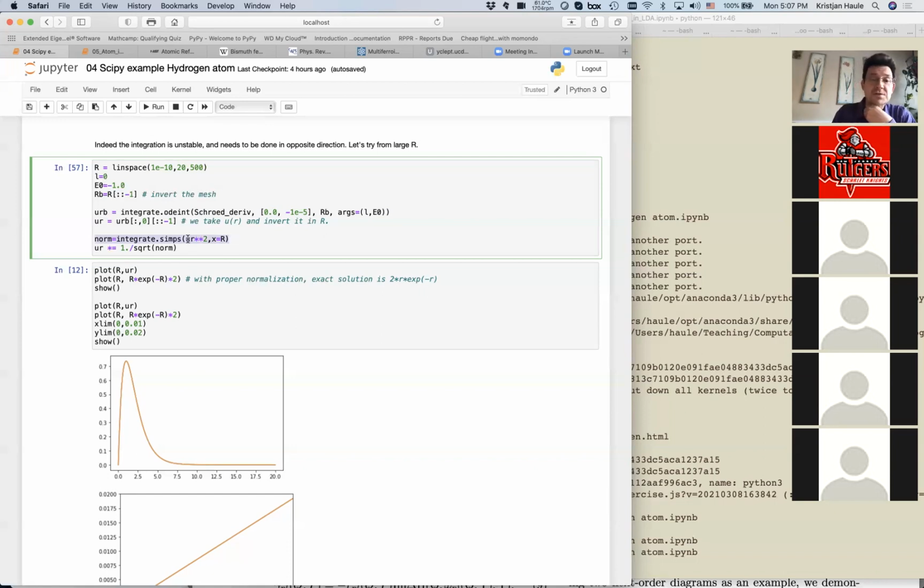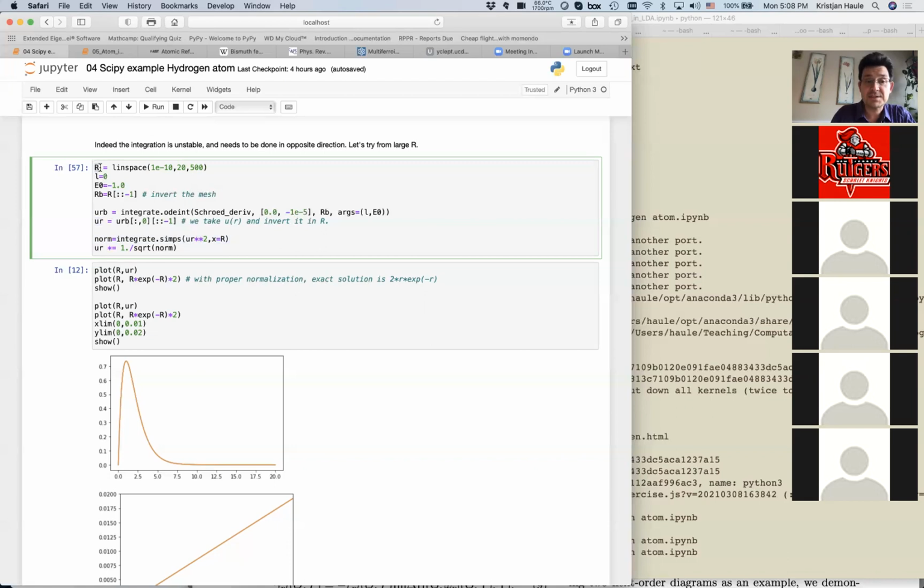Now, of course, we could create from this UR a spline, and then we could integrate the spline with the regular numerical methods such as quad. You remember we looked at the integrate quad function. Now, that's not advisable. Why? Because we have a solution for our problem on discrete points.